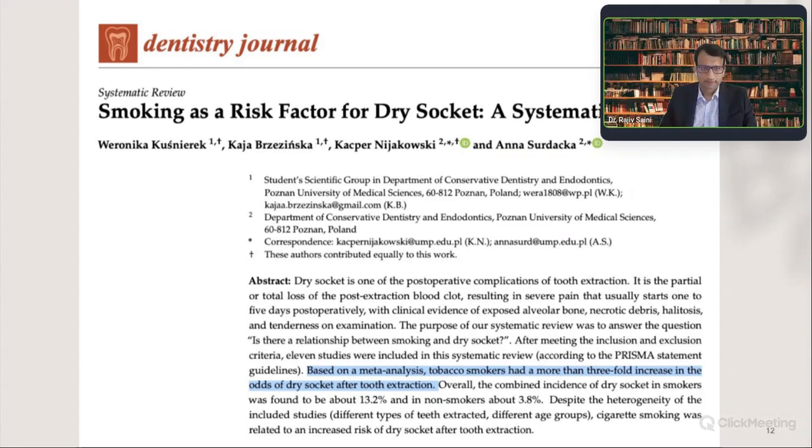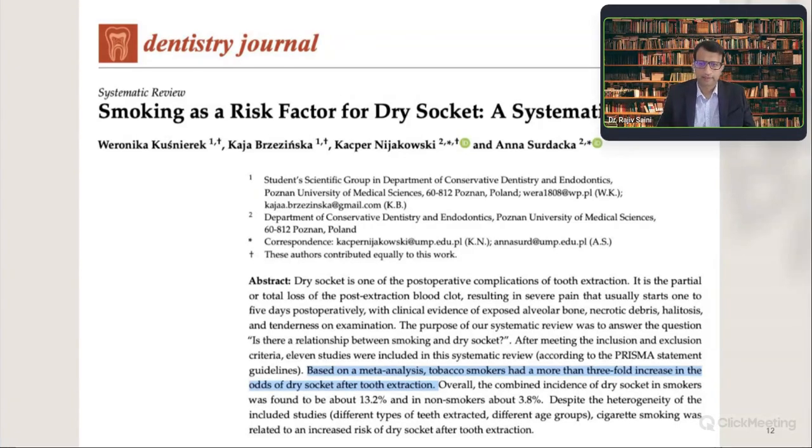Now, this is one of the good studies I really want to showcase here. It's a good meta-analysis on the use of smoking and tobacco. There's a 3 times increase in the risk of dry socket if the patient is smoking or chewing tobacco.